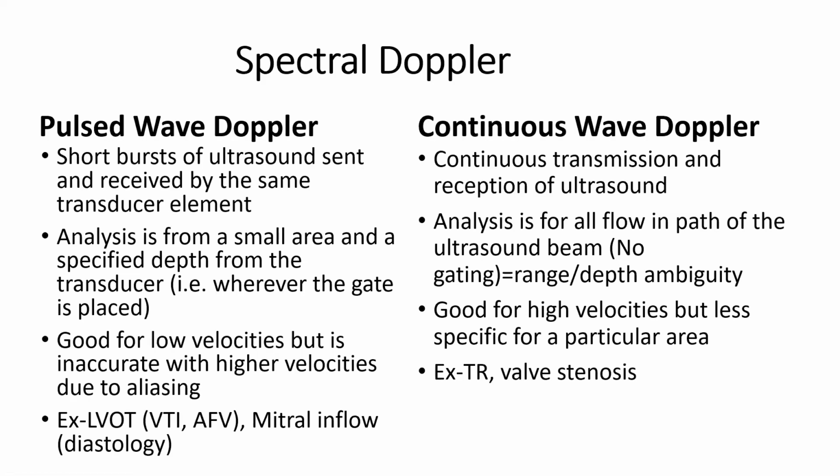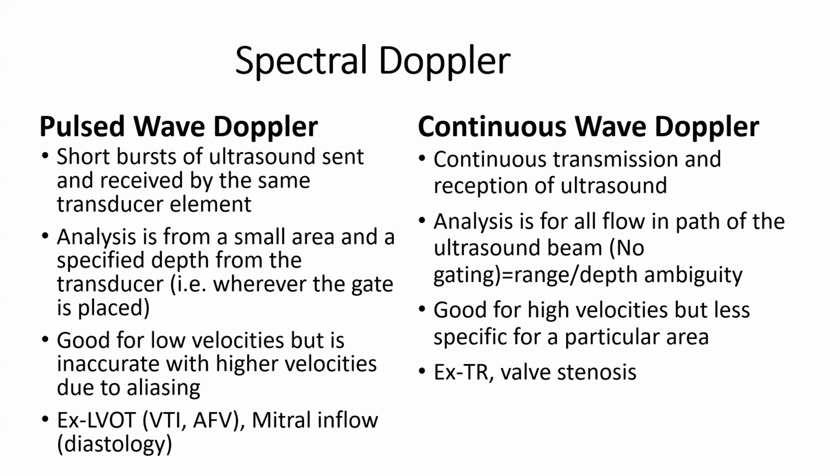So two forms of spectral Doppler, there are others, tissue Doppler being one, but the two that we're going to compare here are pulse wave Doppler and continuous wave Doppler. So pulse wave Doppler is sending and receiving by the transducer. You're able to analyze your Doppler, you focus it rather, with a gate mechanism, so you can specify where you want the measurements to take place.